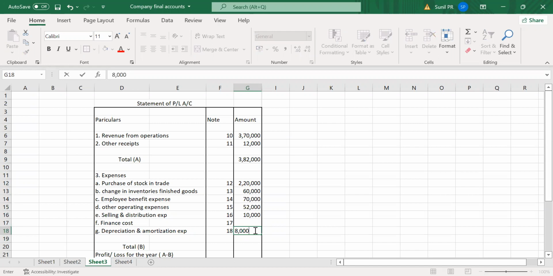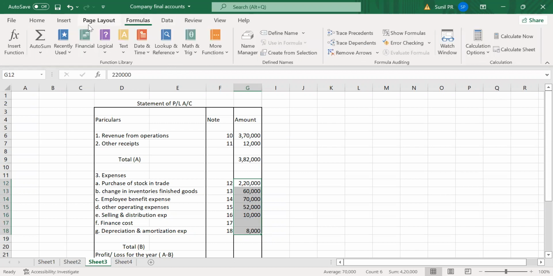Now if you do the total, total of A is 3,82,000. Now you just do the total of the expenses. Purchase is 2,30,000, 60, 70, 52, 10, 8.